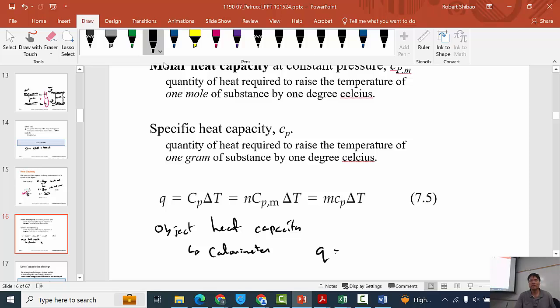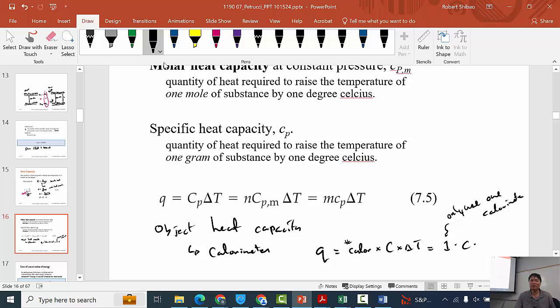And so Q is equal to the calorimeter times C times delta T. But how many calorimeters do we usually use? Only one. And so we only use one calorimeter. We don't use 2 calorimeters.